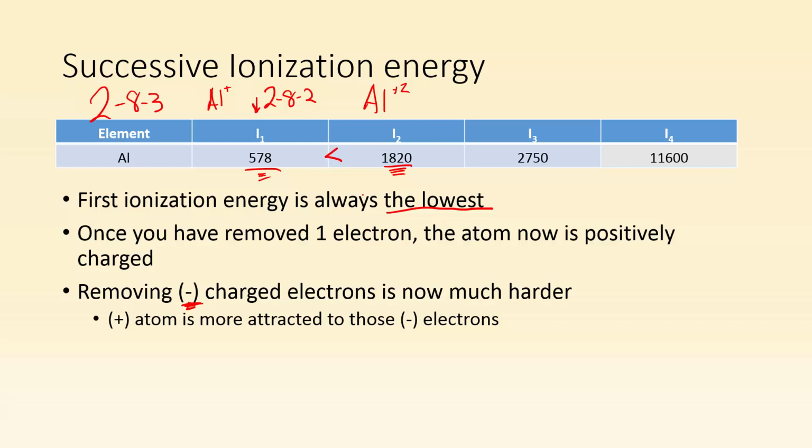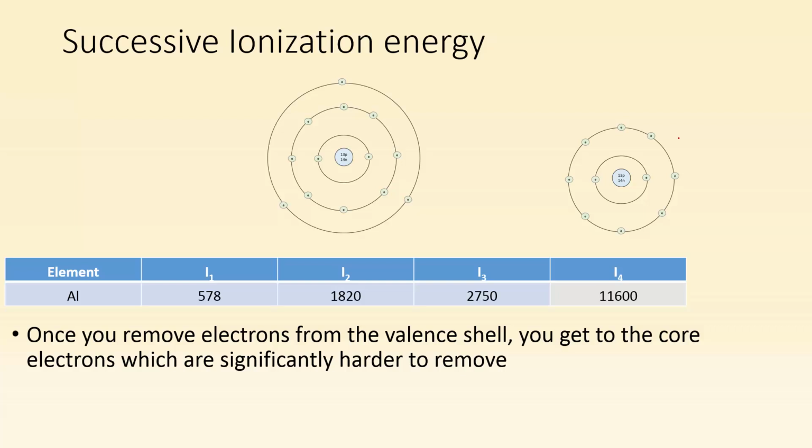It's a lot greater because you're pulling an electron away from something that's already positively charged. It really wants to be there. And you can see, again, Al3+. The third ionization energy is a lot greater than the second one even. Then we take a look at I4, and this is highlighted in a different color because this is a lot greater, and we'll get into why right now.